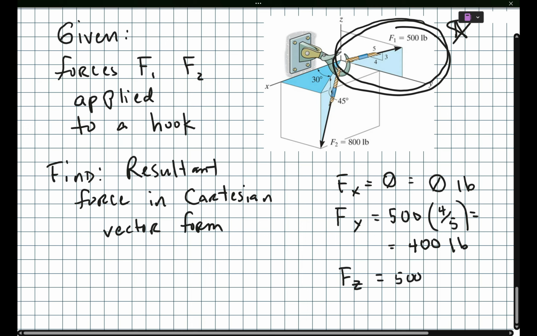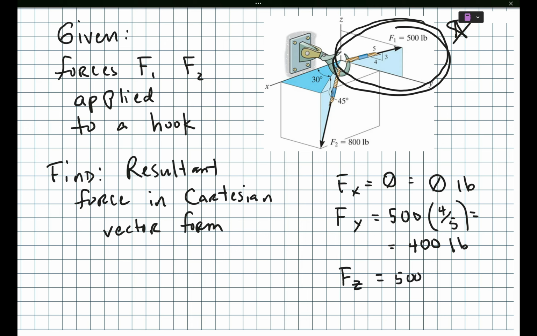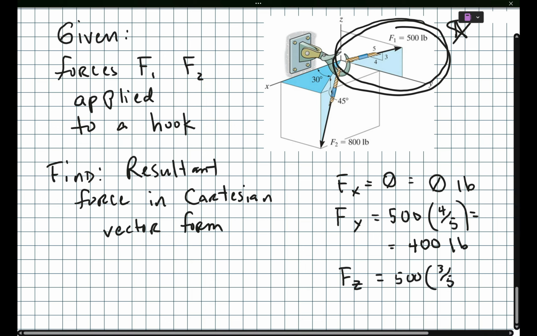For the z, according to the diagram, we go with the opposite over the hypotenuse, so that'll be 3 over 5, right? Crunch those numbers and you should get 300 pounds.